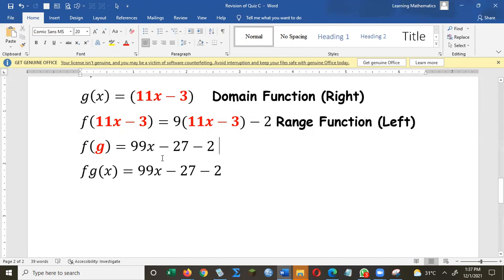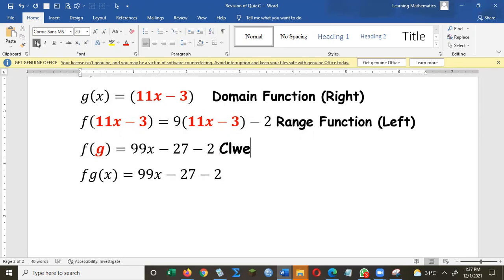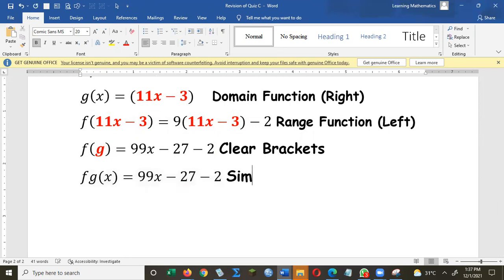Then the next step is to clear brackets by multiplying. We all know how to clear brackets. And the final step is to simplify.